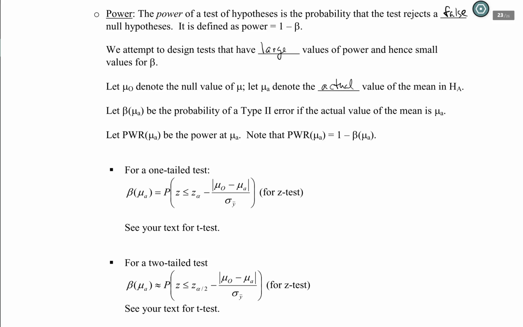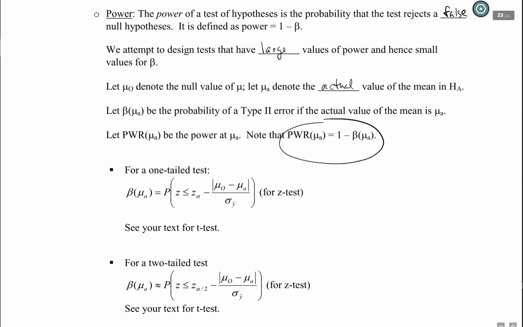In real life you're not going to know the actual mean, but we're saying if we did know it, we want to know what the power of the test would be. The formulas that are about to follow will allow us to compute that. We're going to let beta of mu a be the chance of a type 2 error if the actual mean is mu a. And then the power of the test is going to be 1 minus beta.